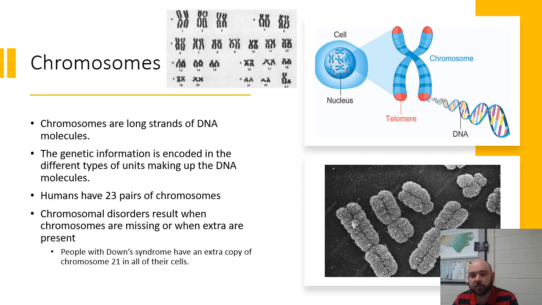We see chromosomal disorders resulting when some of these chromosomes are missing in cells or when extra copies are present. The most common of which is Down syndrome; people who have Down syndrome have an extra copy of chromosome 21 in all of their cells. So chromosomes is where our genetic information is stored via DNA molecules.